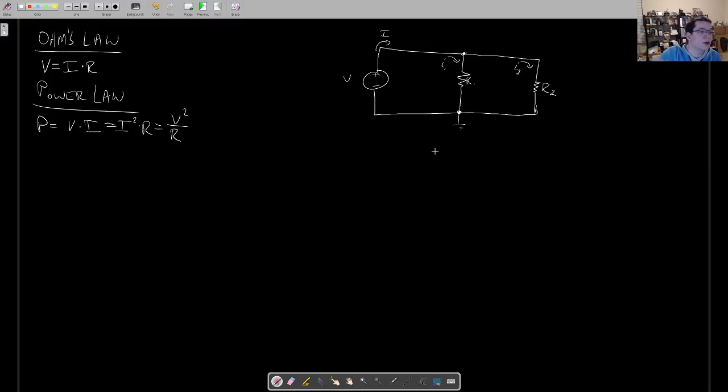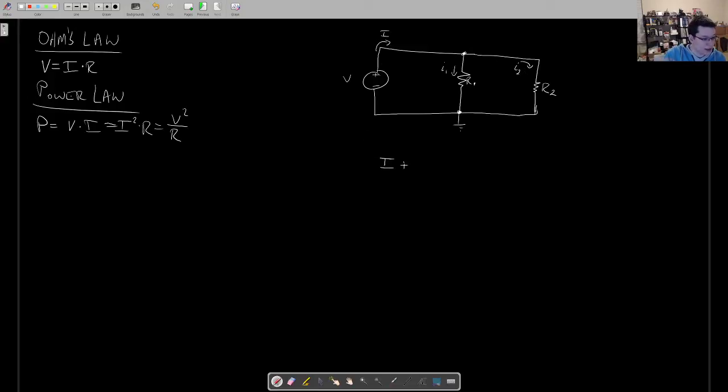But what we do know is that the current through this resistor and the current through this resistor have to add up to the current coming out of the power supply.